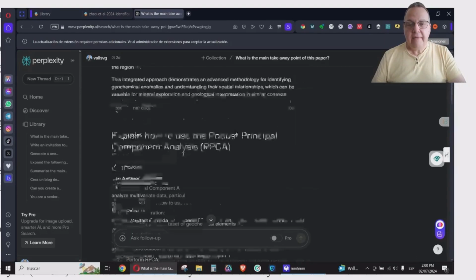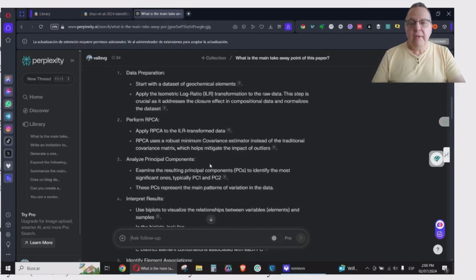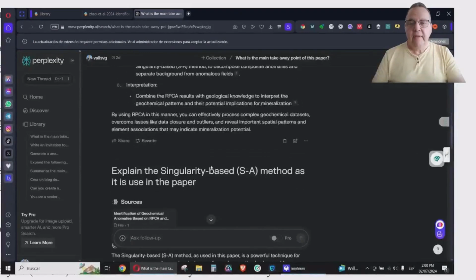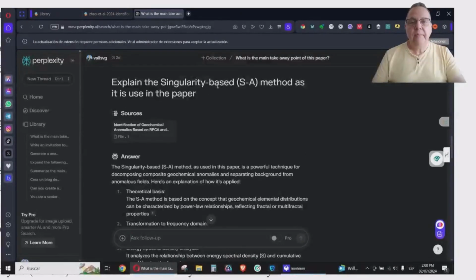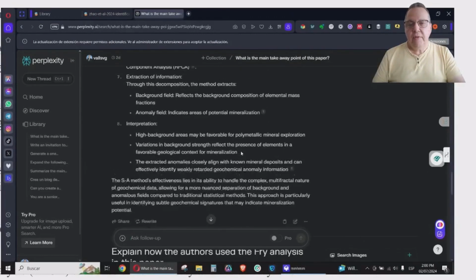Well, you can ask, please explain to me how to use the robust principal component analysis, and it will give you an explanation. Same thing, for example, explain the singularity based assay method, and it will give you an explanation of how to use it. So a combination of these two methods will allow you to extract all the information that you need from your paper.